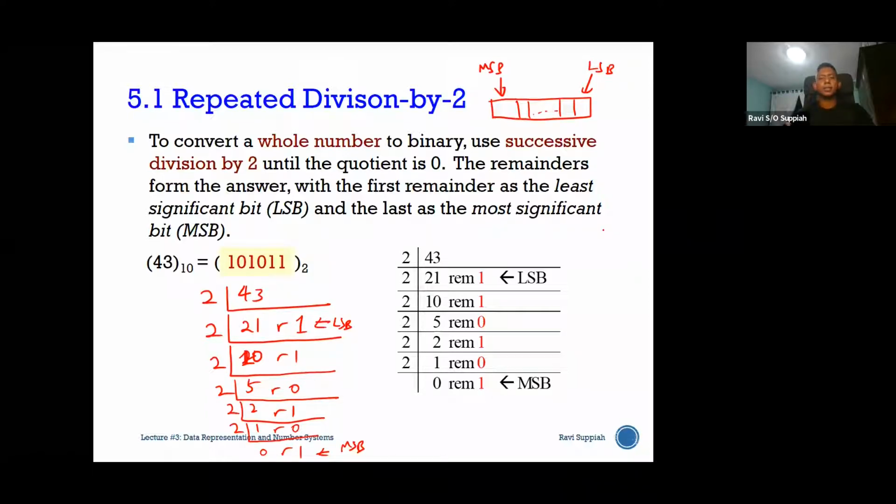That's why the answer here is 1 1 0 1 0 1 1. You start from the most significant bit and go to the least significant bit. That is how you convert a whole number to a binary number.